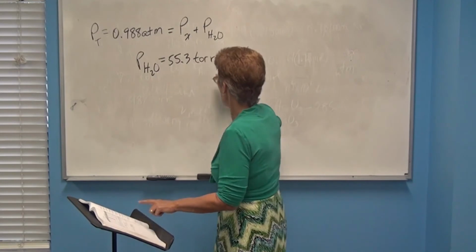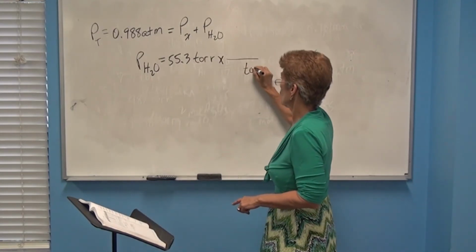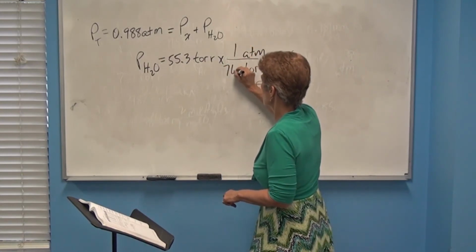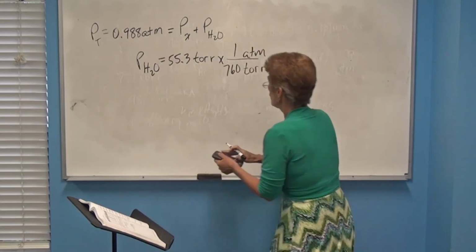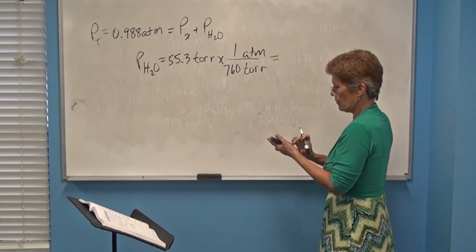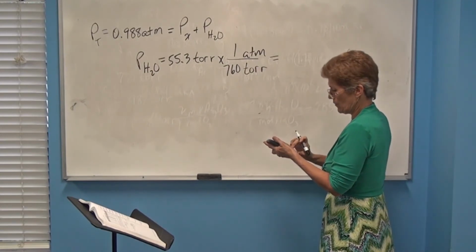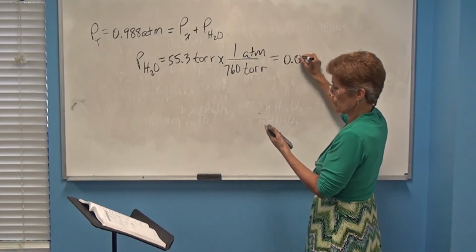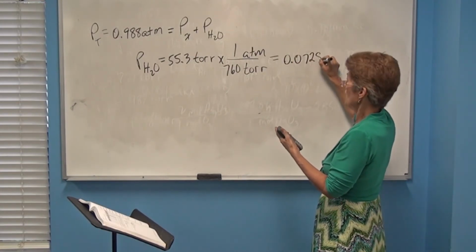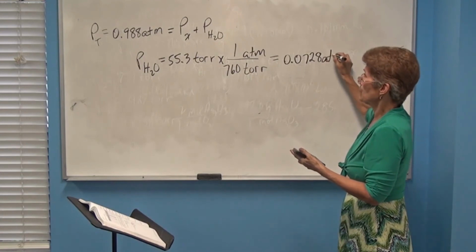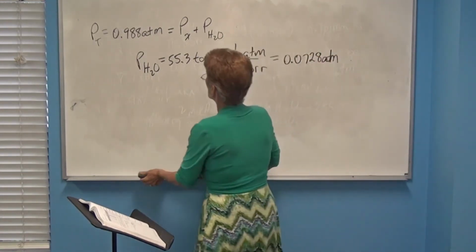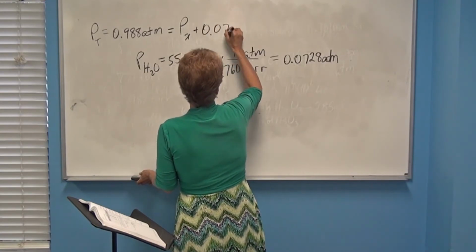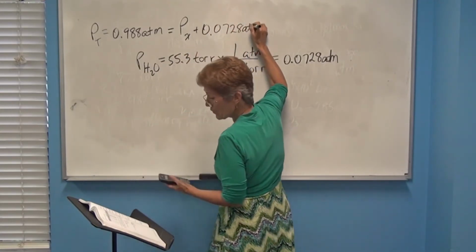So I'm going to go times 1 atmosphere over 760 torr. And so that's going to give me 55.3 divided by 760, and in 3 significant figures, 0.0728 atmospheres. Okay, so now I can come up here and put in 0.0728 atmospheres.